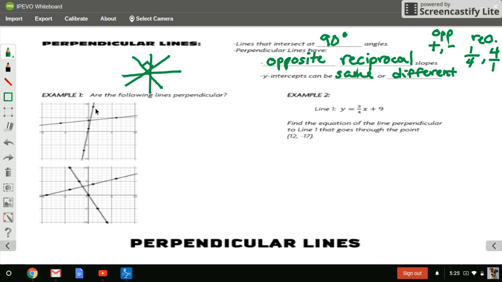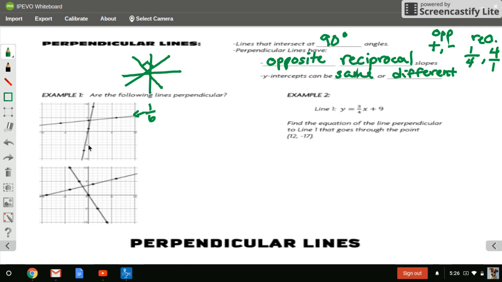So are the following lines perpendicular? We need to find the slopes of each one. This first slope, let's see, we go up 1 and over 1, 2, 3, 4, 5, 6. So that slope is 1/6 on this line. Now let's read this one. We go over 1, go up 1, 2, 3, 4, 5, 6, 7.